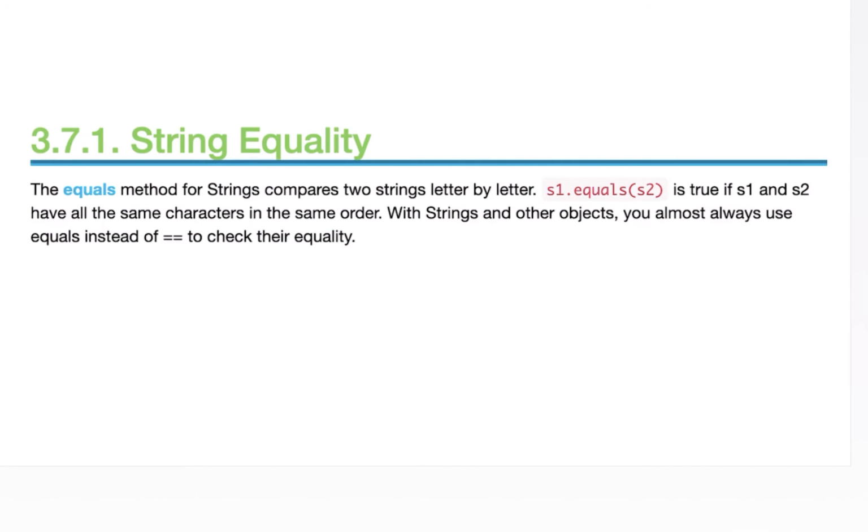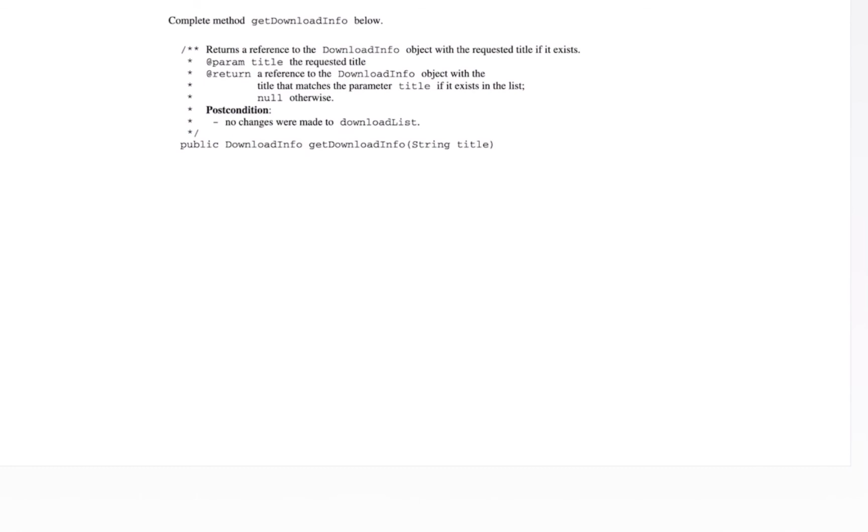The last thing I'm going to do for you here is go ahead and get you started with the first couple lines of code for this method. So when you actually go to write it, the first line of code is provided for us right here. It says getDownloadInfo, and we know that it has a return type because that is right here. It is going to be an object. And so when we go to loop over that list, the list was called downloadList. So I'm going to say for, and then I have to put the item next.